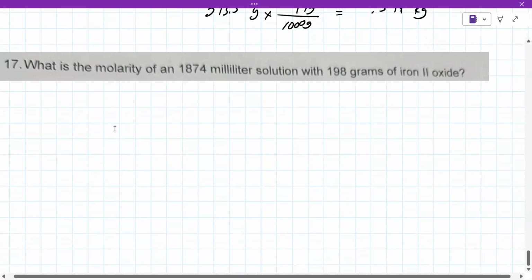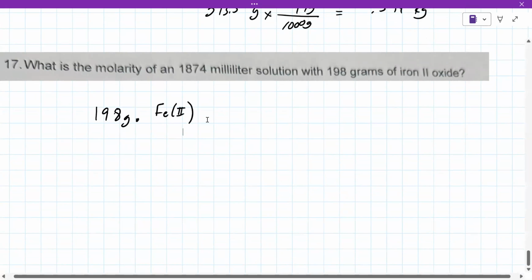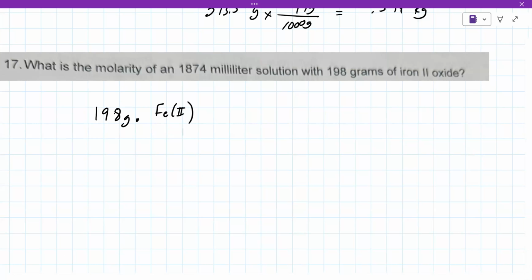All right, what is the molarity of an 1874 milliliter solution with 198 grams of iron 2 oxide? So we've got to take that 198 grams of iron 2 oxide. And I don't know how many O's, but I'm guessing maybe one of each. It's another formula.